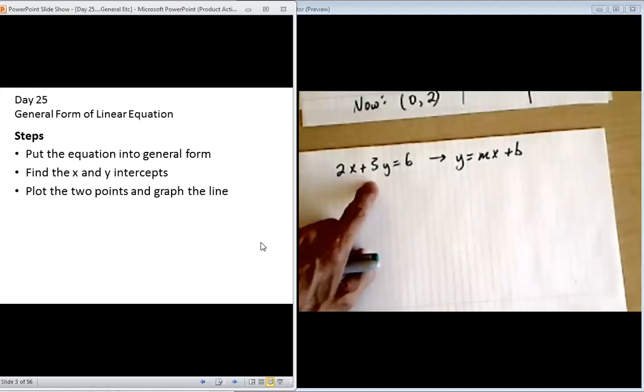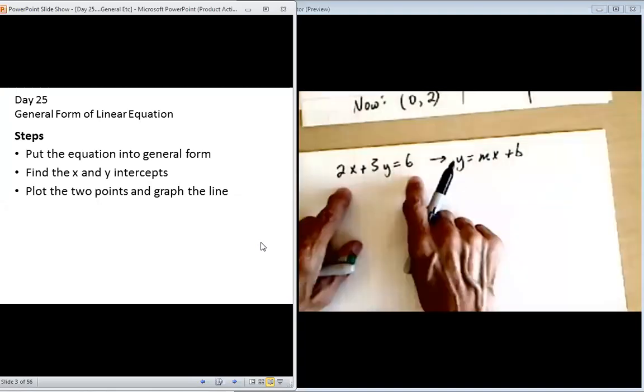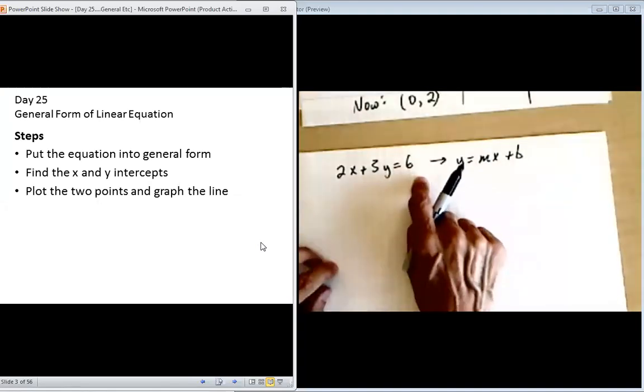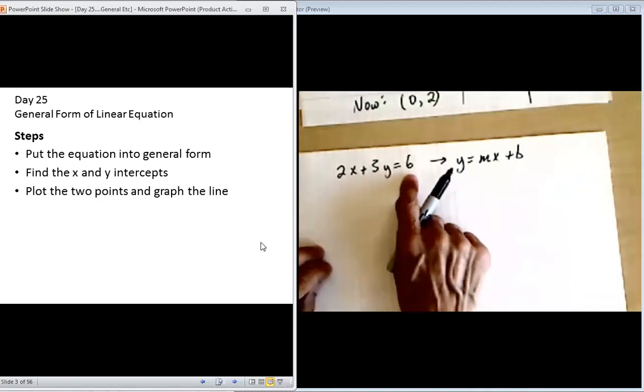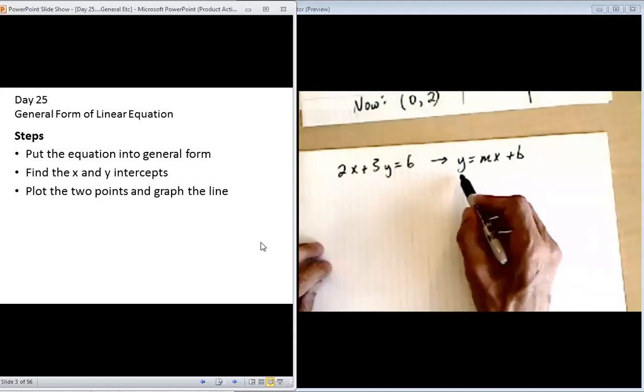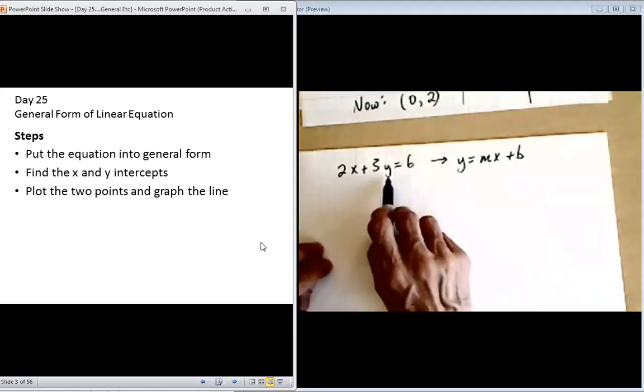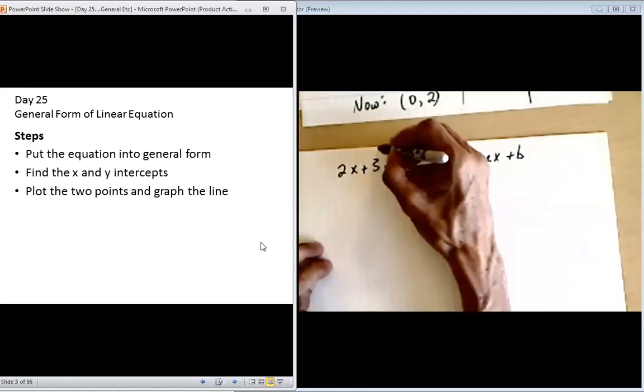We move the 6 and it becomes -6, and move 2x to -2x. So Zoom was saying move these around. Actually, no, we're going to keep the 6 on that side. Because watch, we want to have y as being positive, first of all, right? So it already is. It's plus 3y. So we're going to keep the y on this side.